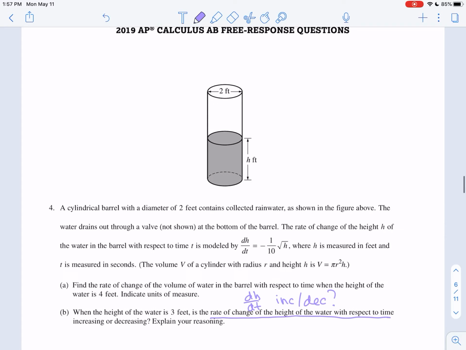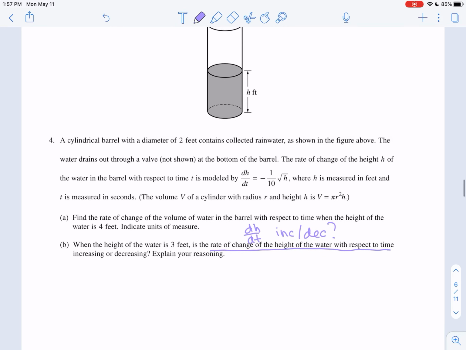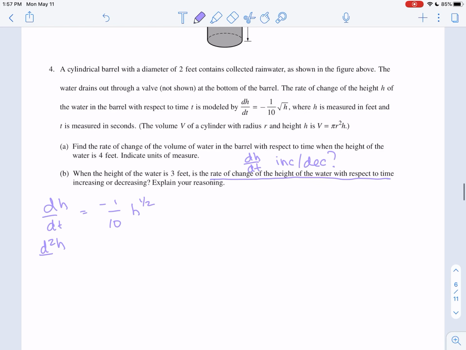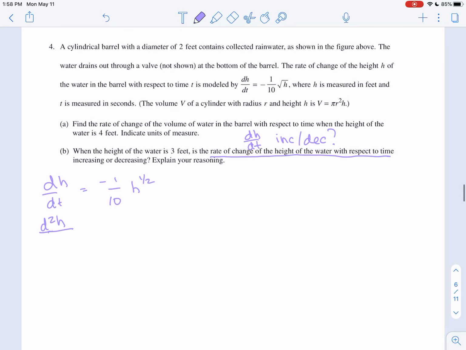Okay, so we've got that dh/dt is negative 1/10 h to the 1/2. Now I want to take the derivative with respect to time of both sides here. So I would get the second derivative with respect to time on the left side.